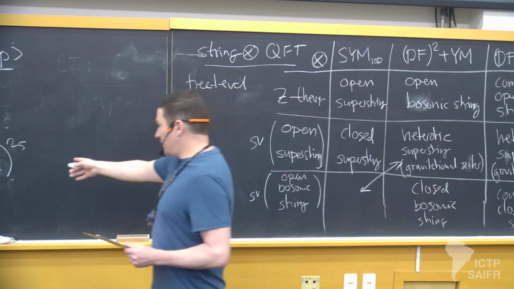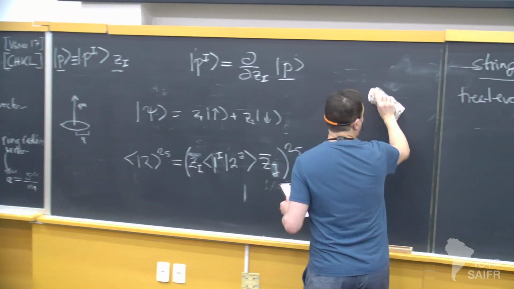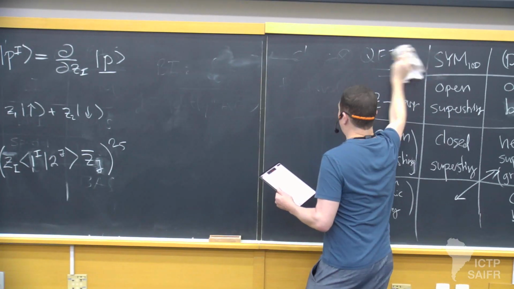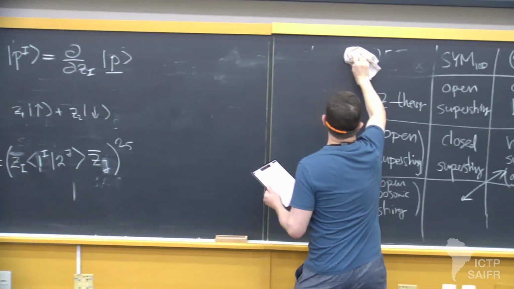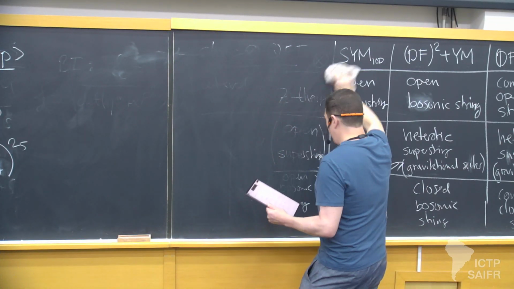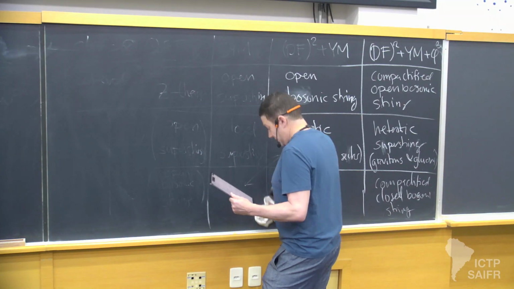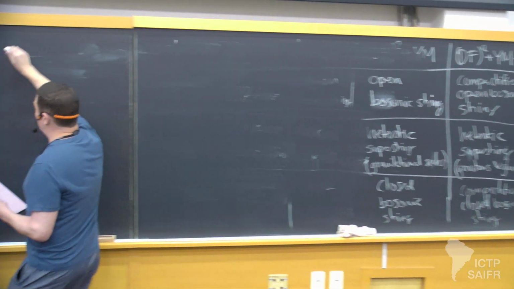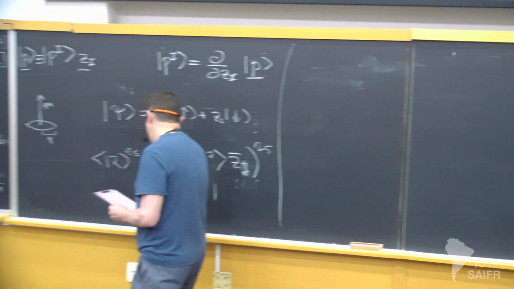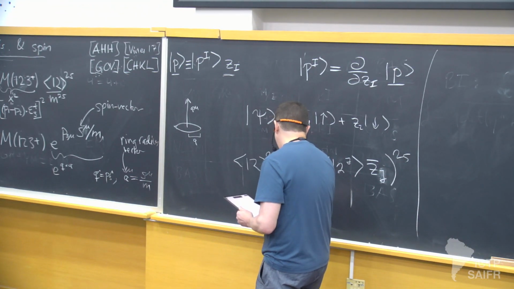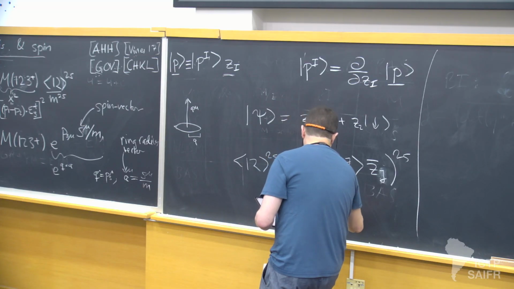So one of them goes with particle 2, the other one goes with particle 1, and I put a bar to distinguish them. And you can, if you want, think of that as complex conjugation, because I only have two particles, so you might as well put them in the same complex variable. Okay. And then the question is, can we now relate this to some function that depends on the spin vector?